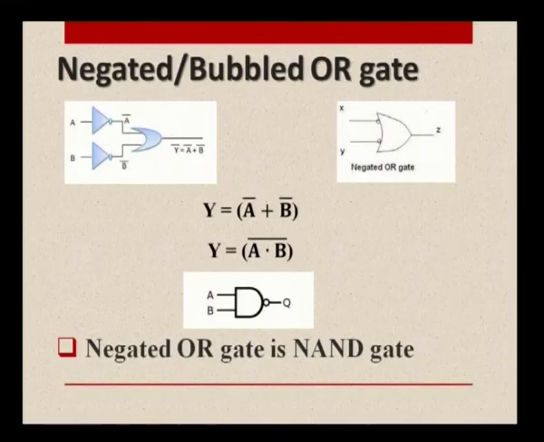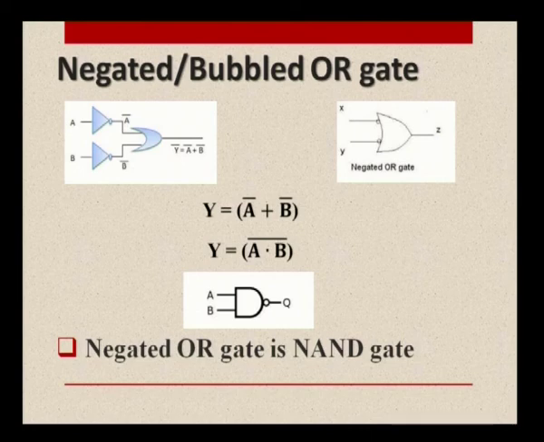Customarily, it is called a bubbled gate because the inputs are complemented. The colloquial term for these gates is the bubbled gate. So, bubbled AND acts as a NOR gate. So, this has got lots of significance in the Boolean expression simplification. Let us see what is the other bubbled gate.